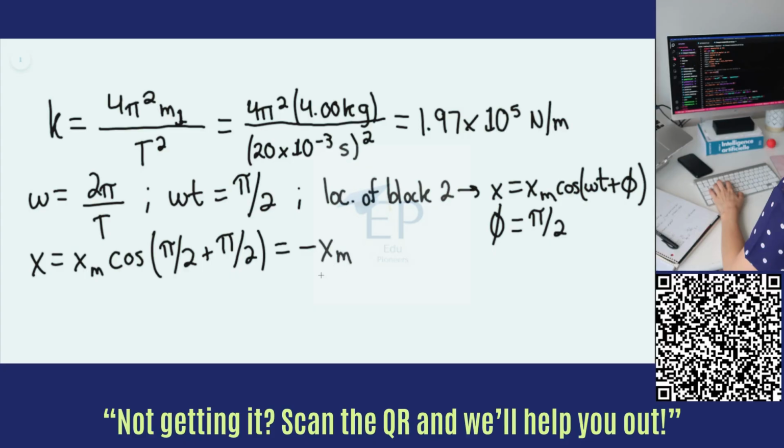So essentially, this means that block 2 is at its turning point, given that it is at the negative maximum displacement when the impact occurs. So this also means that the string is stretched to an amount of 1 centimeter at this moment.